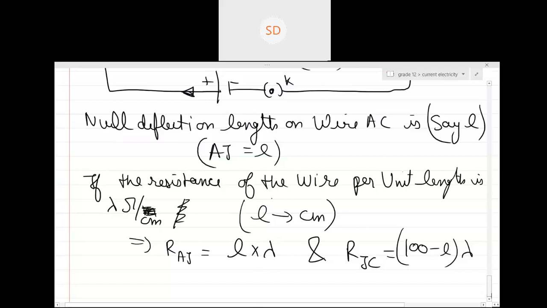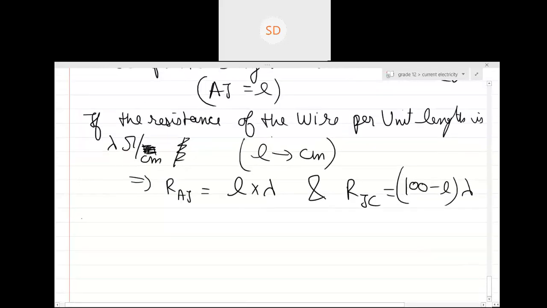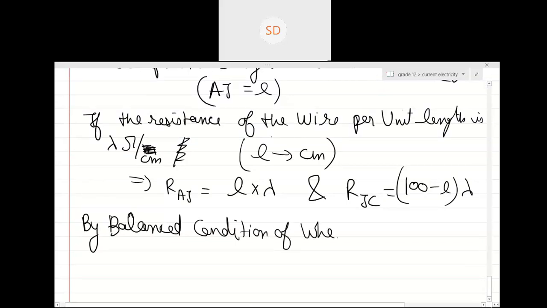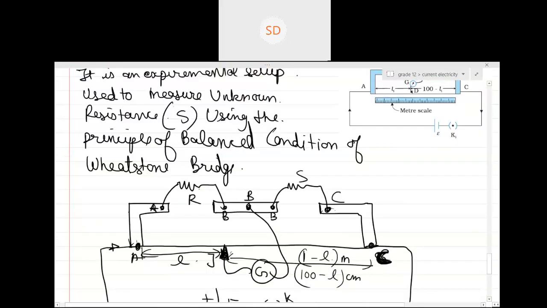So by balance condition of Wheatstone, what will happen? R, the unknown resistance. Can you see R is the unknown? S is the known resistance.